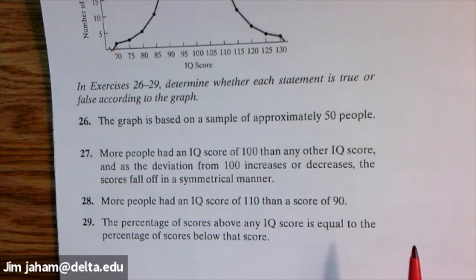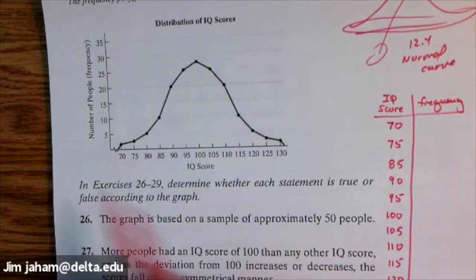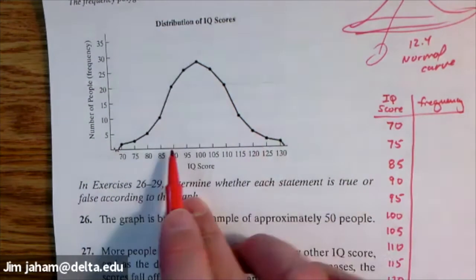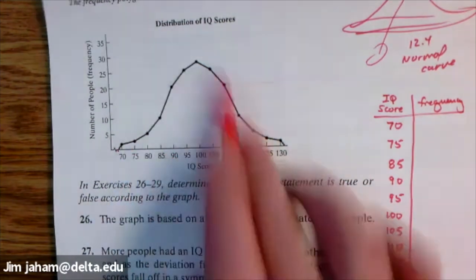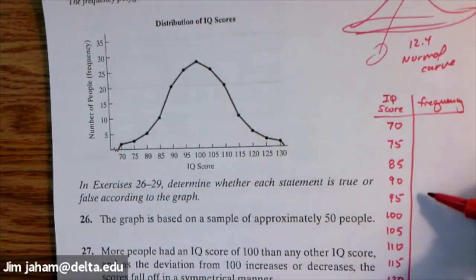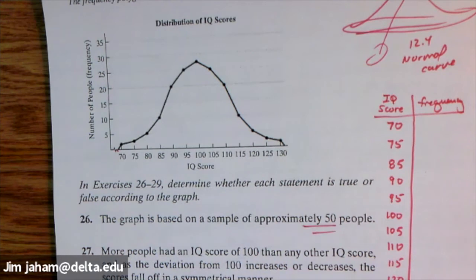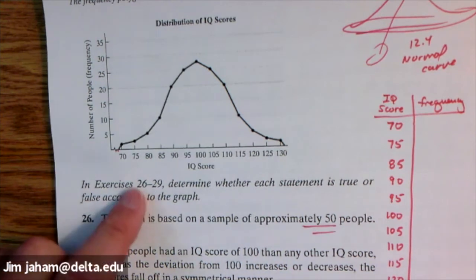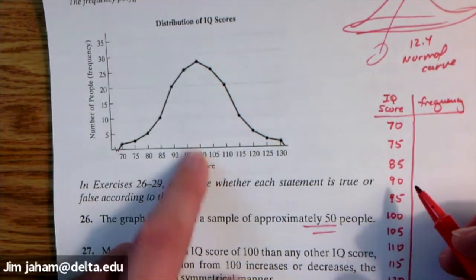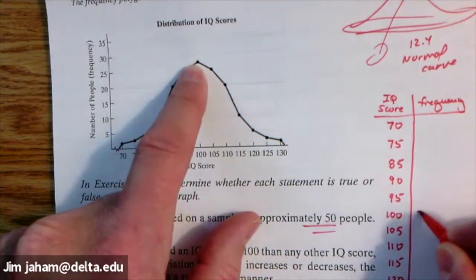True or false? Yeah, so this isn't a frequency distribution, but we can interpret each one of these points and actually construct this frequency distribution. And the reason you might want to do that is to try to figure out if this first one is true or not. And so I'm just going to go to 100. It looks like there's about 28.